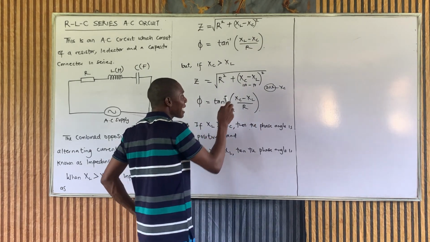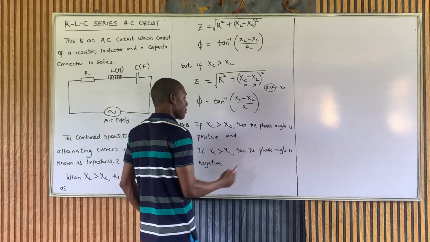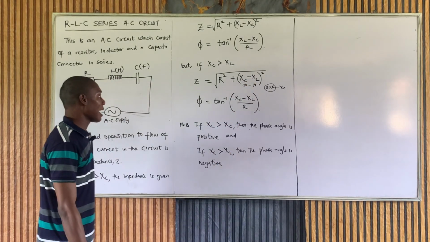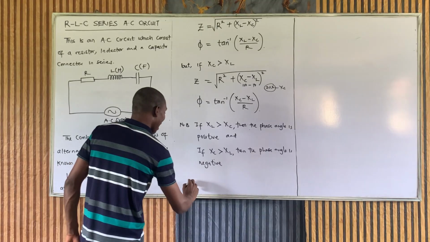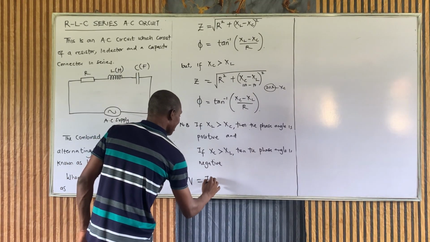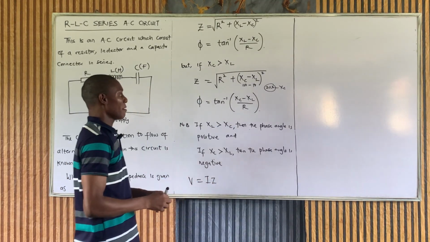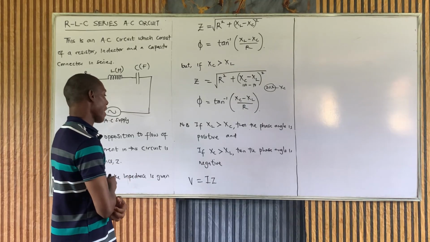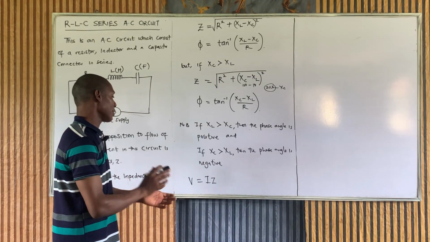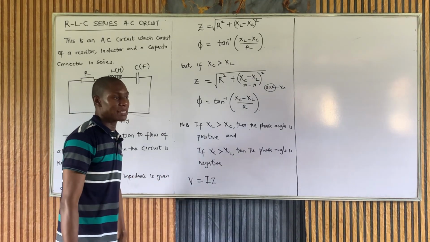That's because XC is greater than XL. So that's what we put here as the note. Then our voltage supply is still IZ. It doesn't matter whether XC or XL is greater, it's just IZ. So we'll take an example under this now.